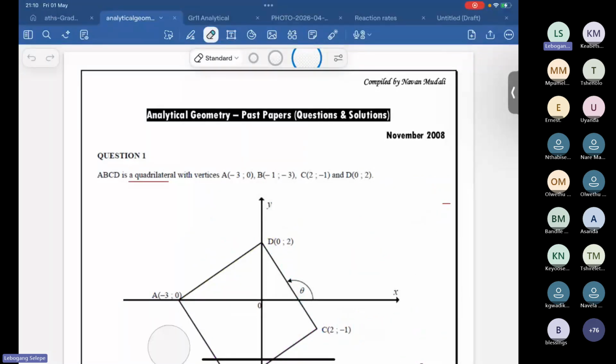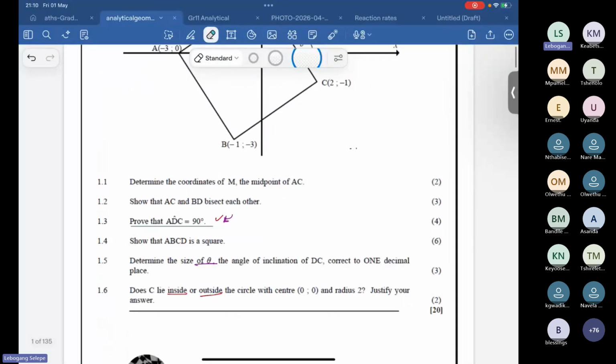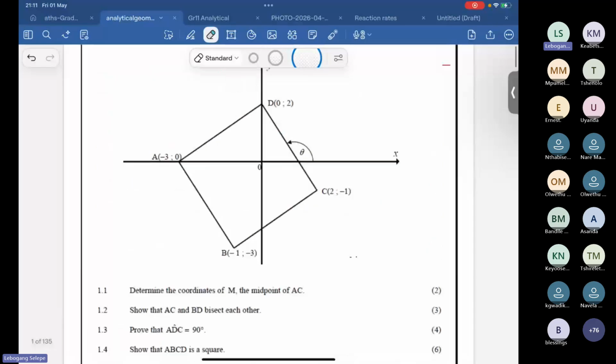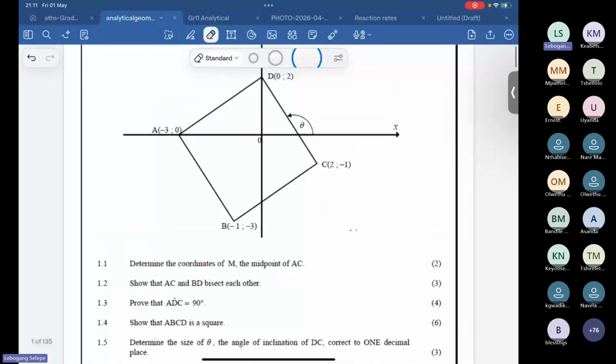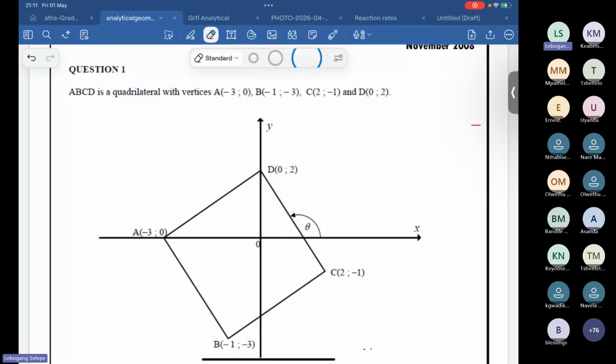Right. Now let's look at this question, because I feel like it ties up everything that I was speaking about and puts it into perspective. So you might have something like this for your question 3, where they say ABCD is a quadrilateral with vertices A, B, C, and D. You are given points.